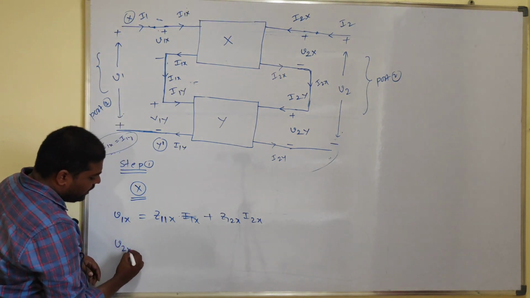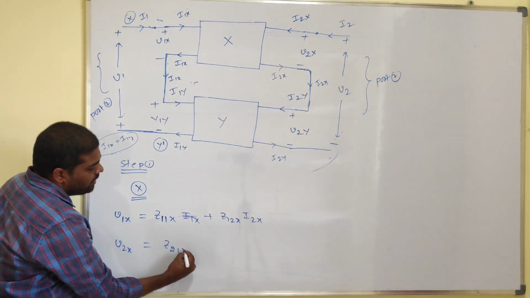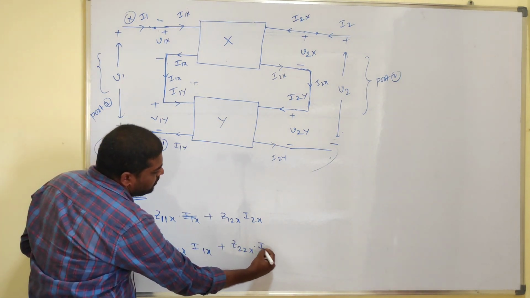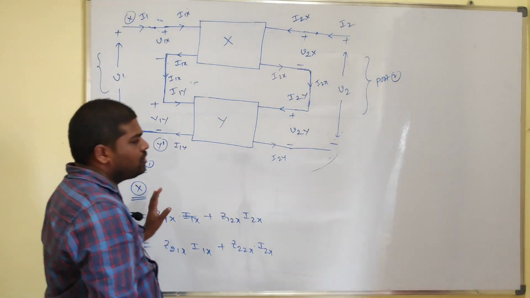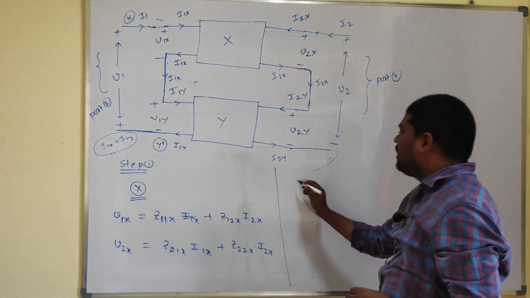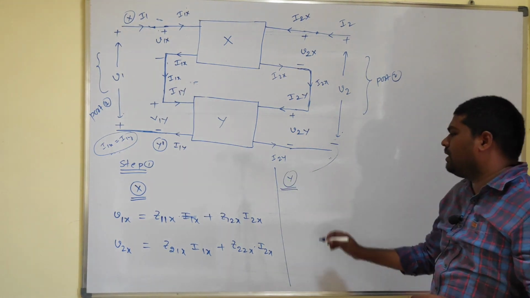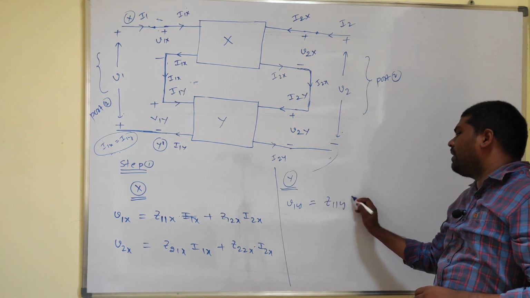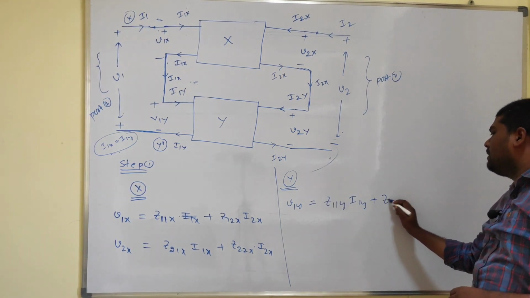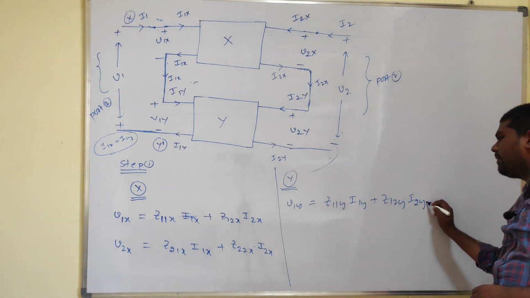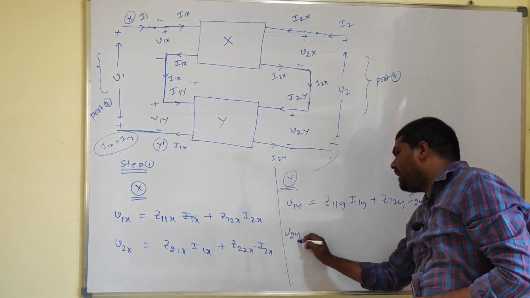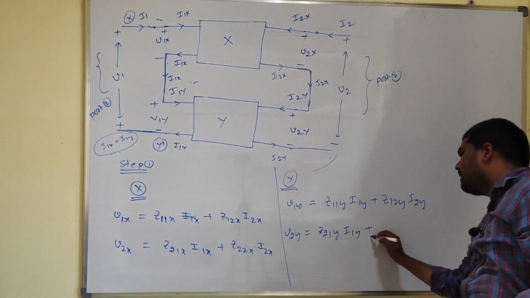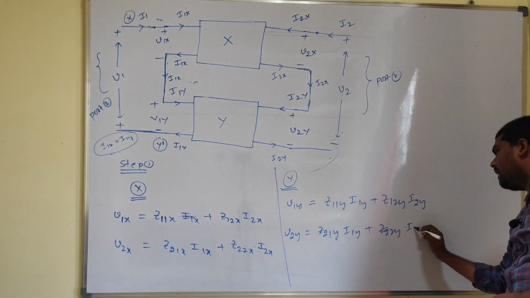Next, V2x equals Z21x into I1x plus Z22x into I2x. This is for the X two-port network. In a similar way, for the Y network the Z parameters are V1y equals Z11y I1y plus Z12y I2y, and V2y equals Z21y I1y plus Z22y I2y.